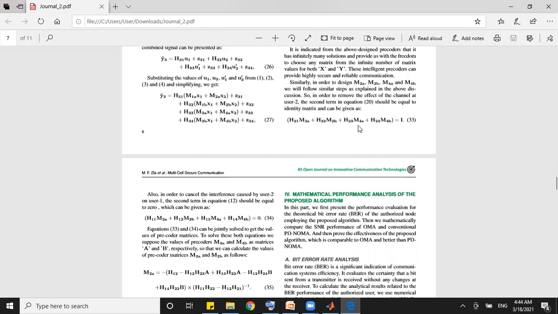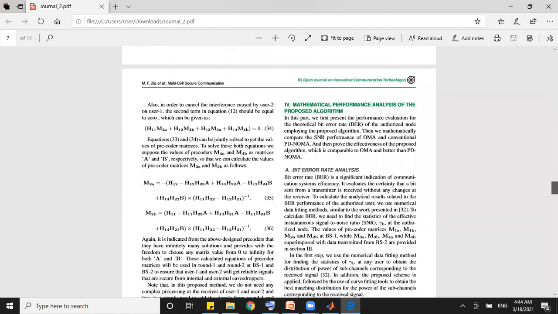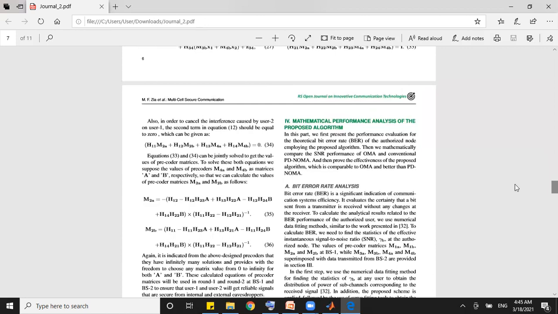And by considering M4A and M4B as matrices A and B that can be any value from 0 to infinity, we solve equations 33 and 34 simultaneously, and we get the following set of precoder matrices for M2A and M2B.